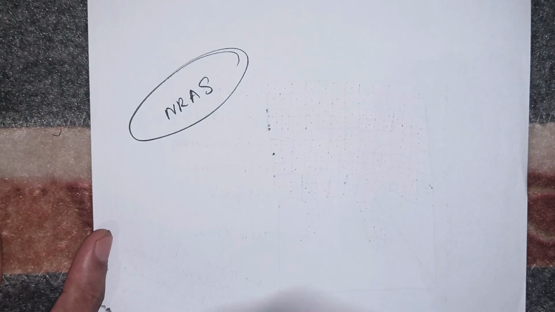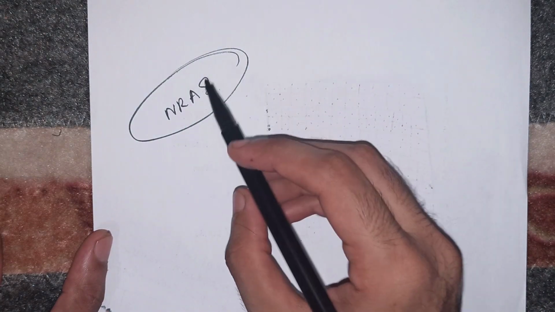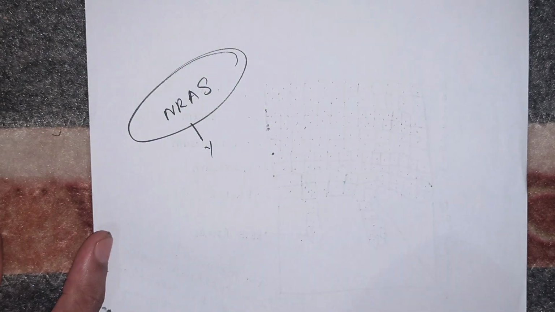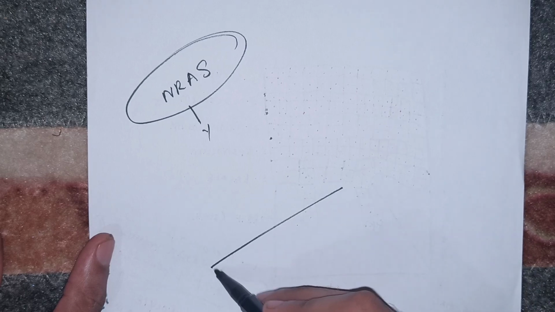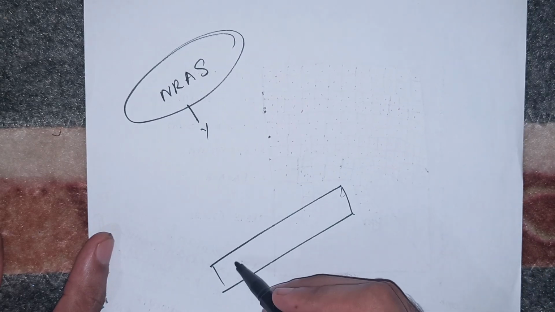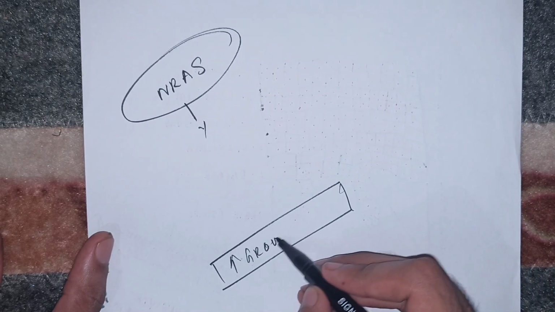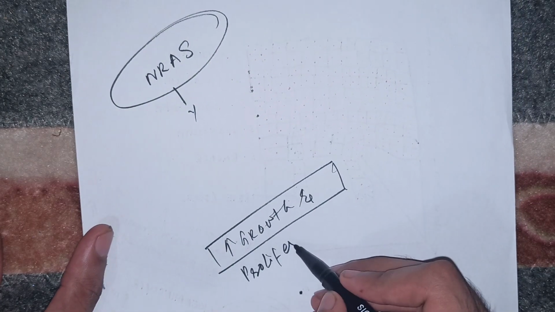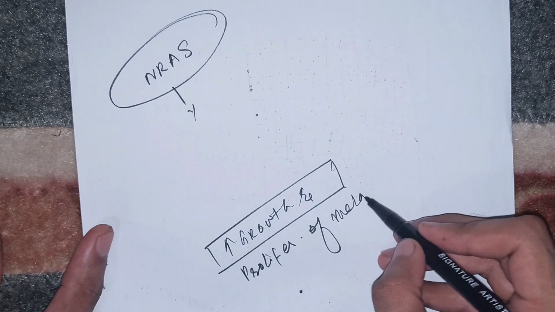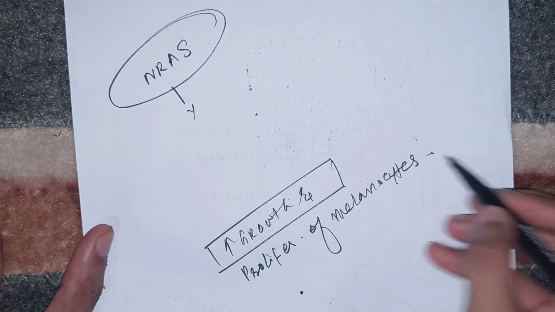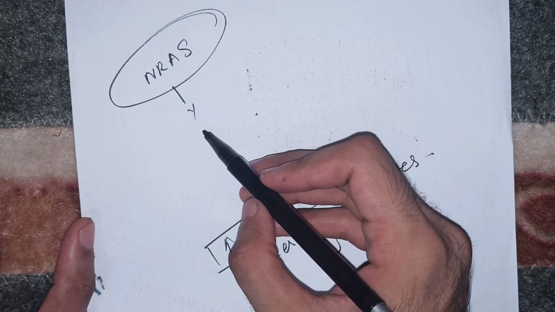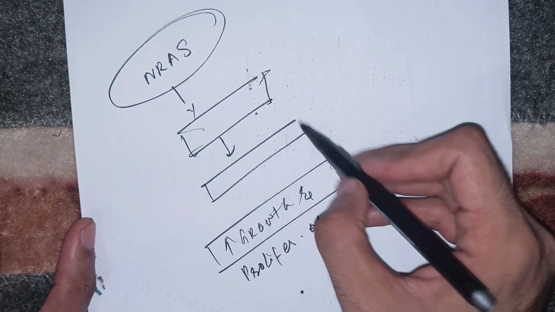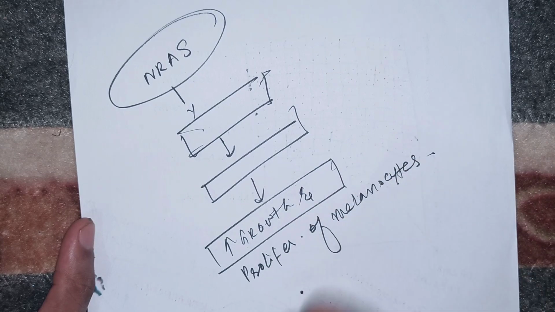But in short, NRAS is the main entity, and there is a downstream pathway of so many molecules, and in the end what they do is increase growth and proliferation of melanocytes. Okay, right, in the downstream pathway of NRAS many molecules come, one component is formed, then another, then another, and finally there is growth and proliferation of melanocytes.